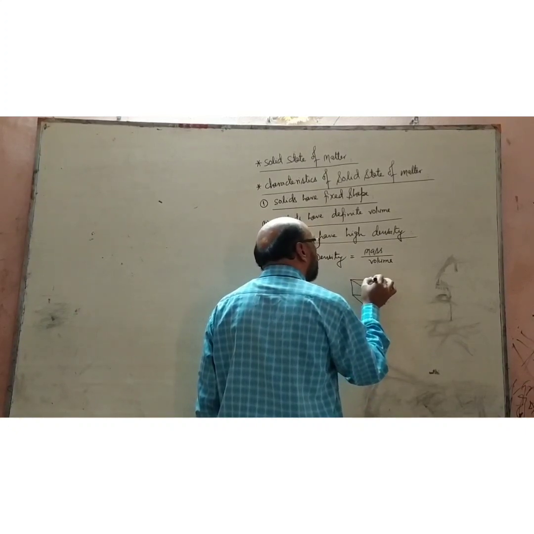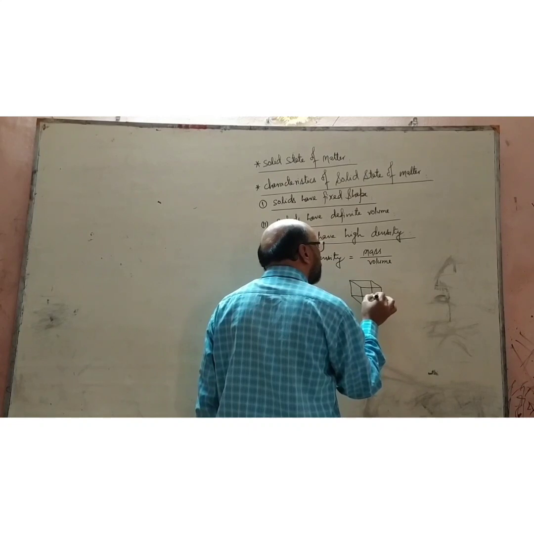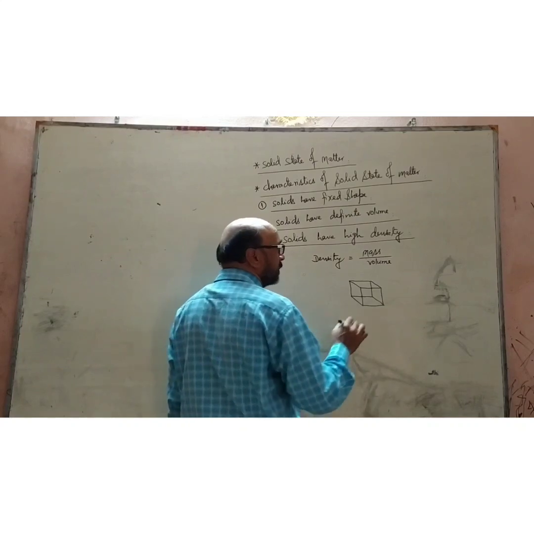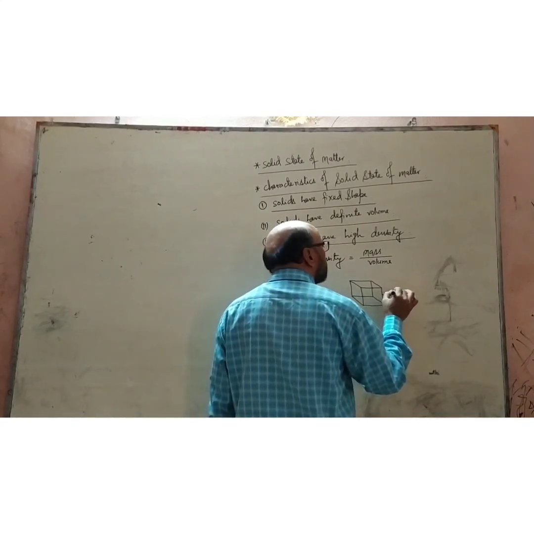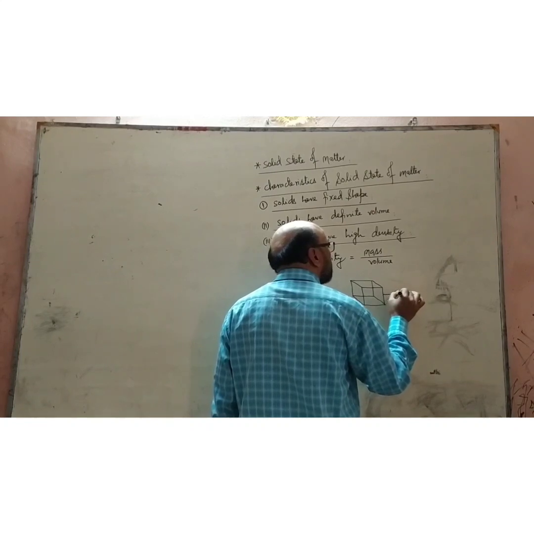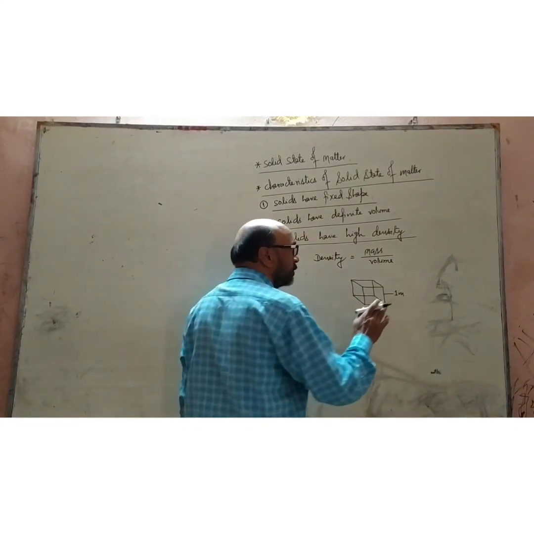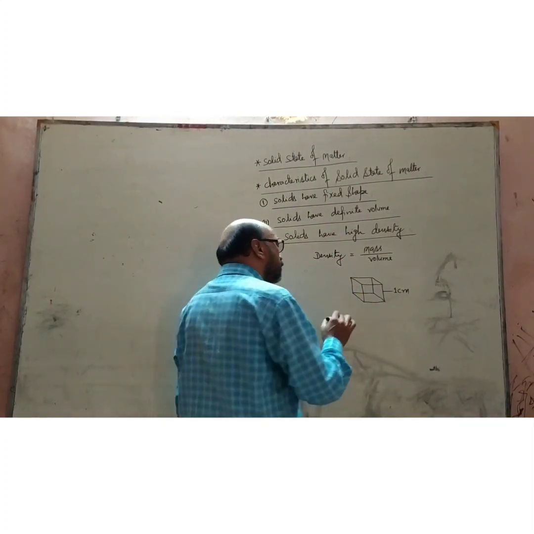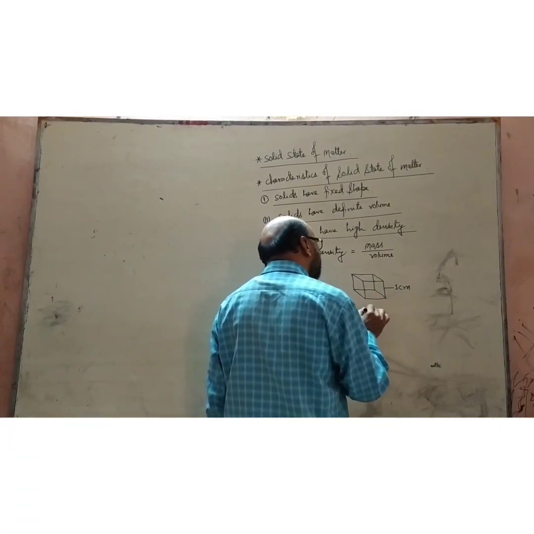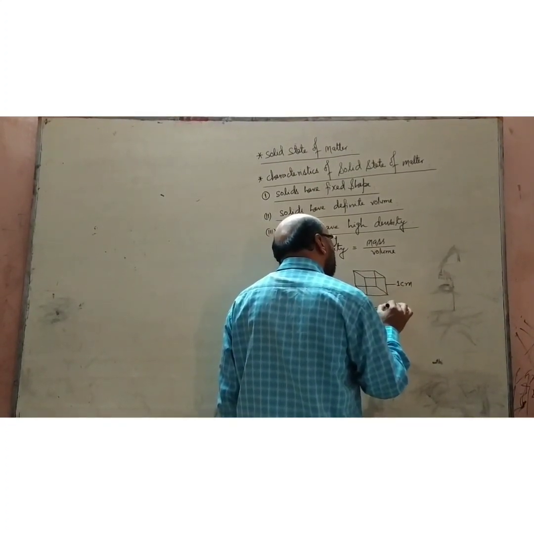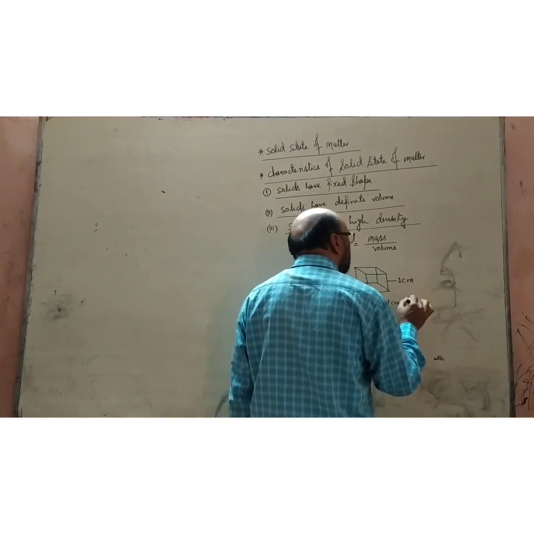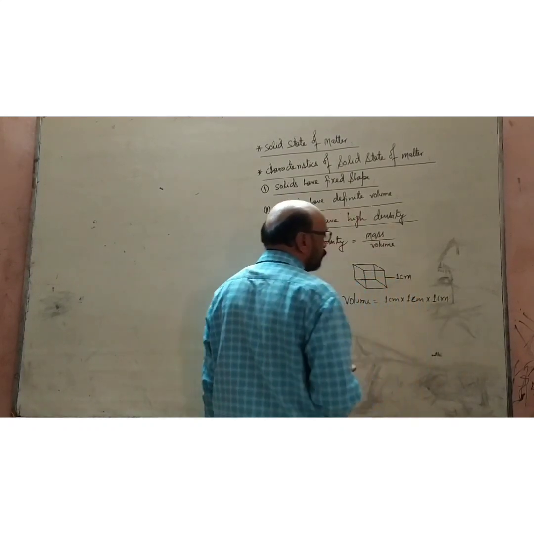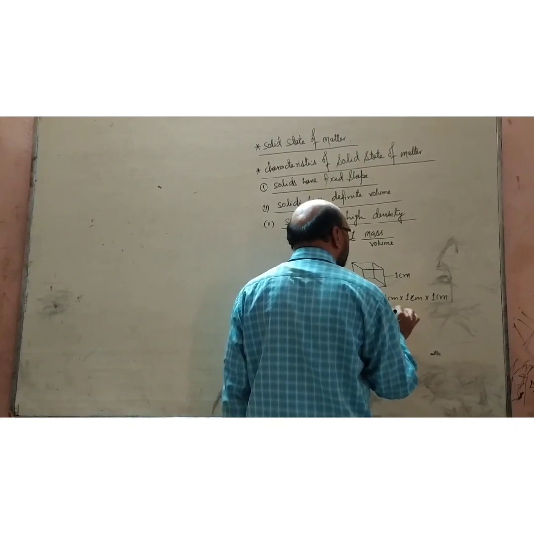Suppose you have taken any solid whose shape is cubic and the side of the cube is 1 centimeter. The volume of the cube is equal to 1 centimeter into 1 centimeter into 1 centimeter, length into width into height, that is 1 centimeter cube.